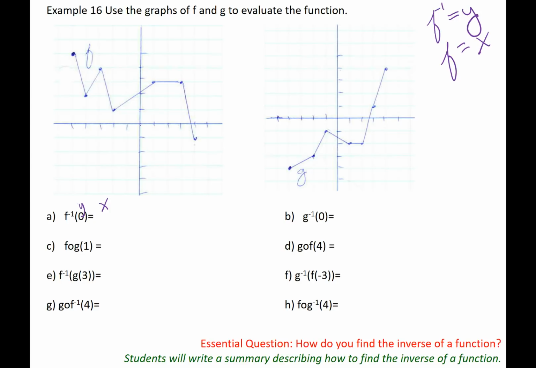And I'm going to go all the way up until I hit a value. I feel like I have the wrong answer. All right, so when I hit that value, I go 1, 2. It looks like just 2 and a little bit.